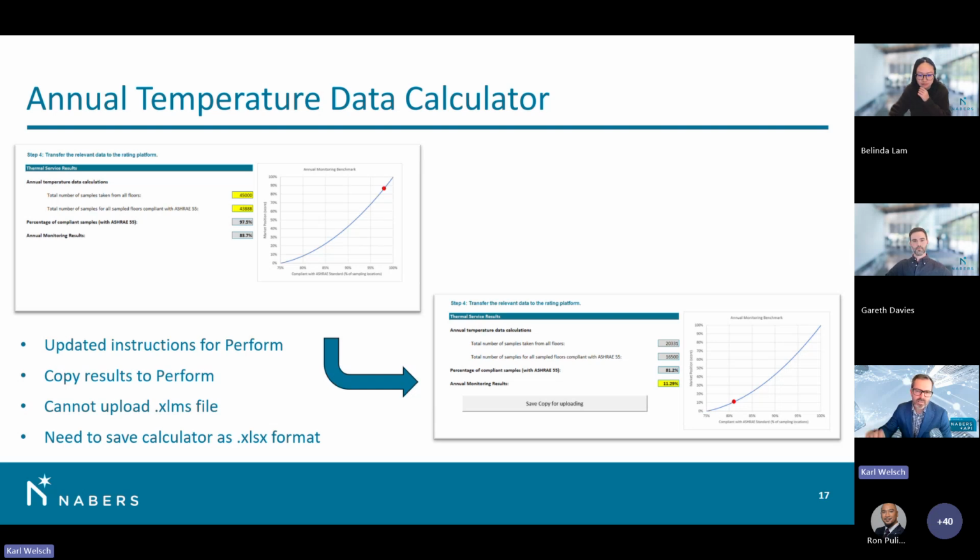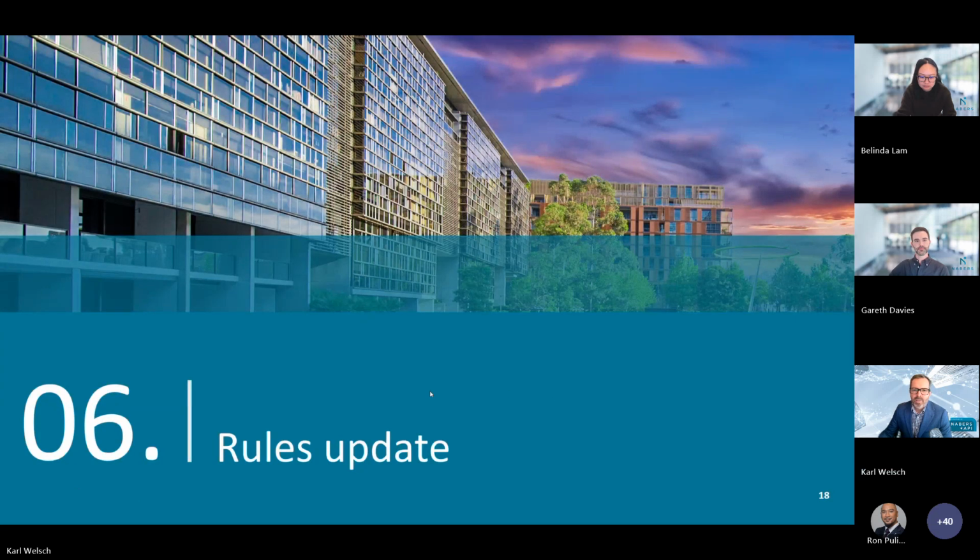Just save as, select the file type as an XLSX, and then upload that to Perform. Again, we'll email that out to you, and if you're listening to this webinar later on, just get in touch with us through the mailbox.